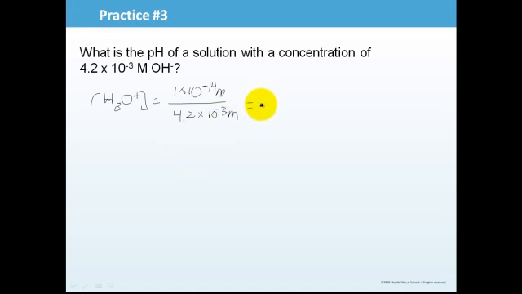And that's going to give us 2.4 times 10 to the negative 12 molar. And then again, our formula for pH is to take the negative log of that number.